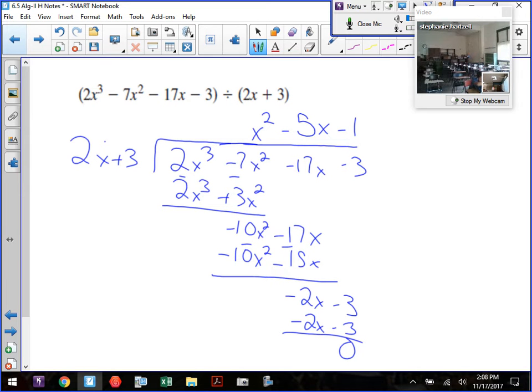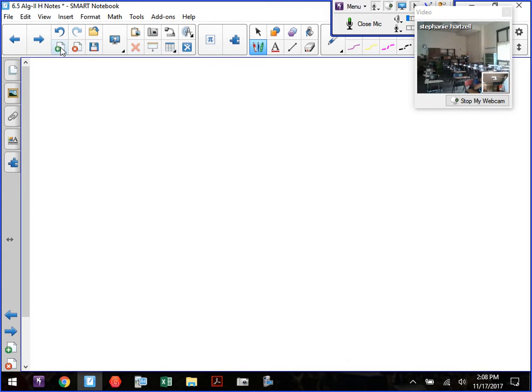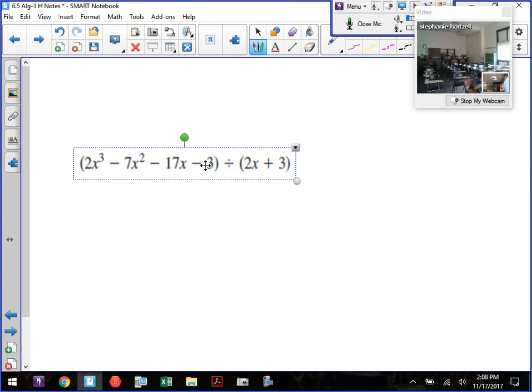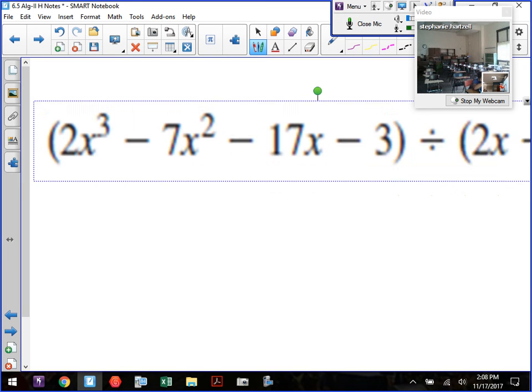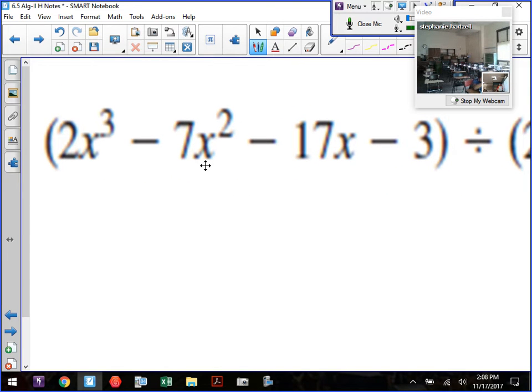Now, if you think about it, what we just did, since our remainder here was 0, we took this part here, the 2x cubed minus 7x squared minus 17x minus 3, and we were able to break that down into 2x plus 3, I think.